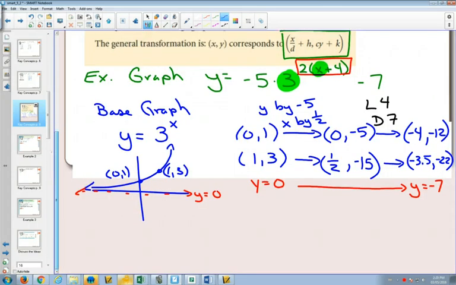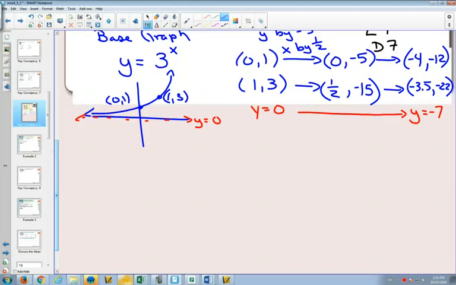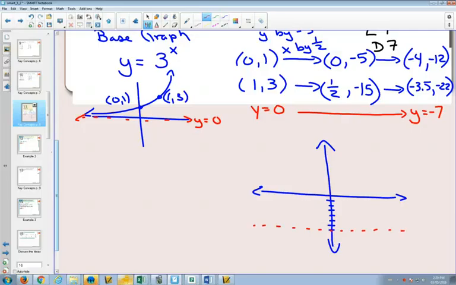Now we have enough information to draw this graph. What you're going to do when you're graphing your exponentials after transformation, you're going to start with your asymptote. Label it y equals negative 7.